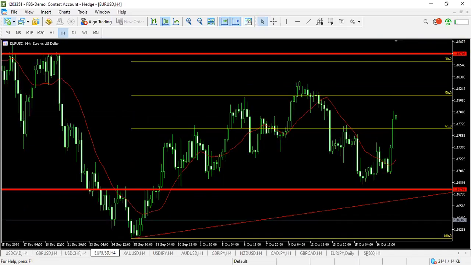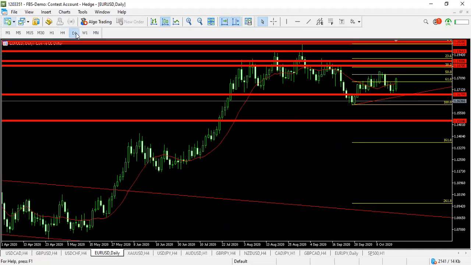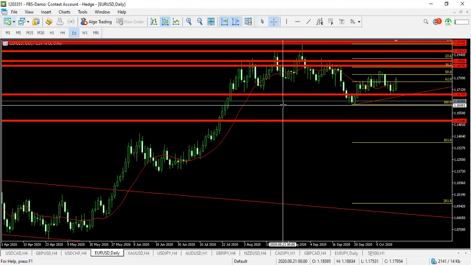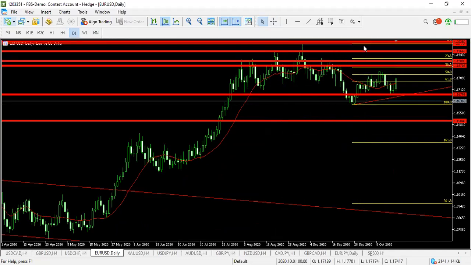So that's that. The next one, which is the Euro USD, here we want to consider long positions at 116 zone. So as soon as the price gets to 116, which is around here, then we'll be looking into buying all the way to 120 again, which is a daily range here.